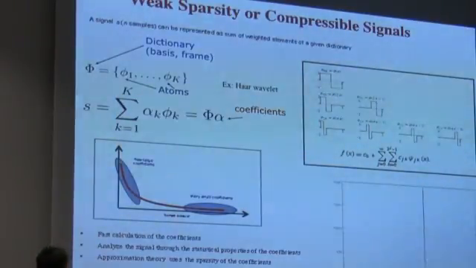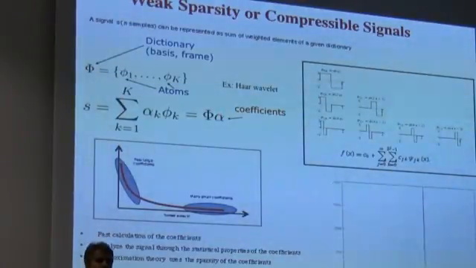Sparsity is a model for a signal. We say the signal is sparse if we can represent it in what we call a dictionary. A dictionary is a set of functions. For instance, the Fourier domain is the best-known dictionary, where each function is a sine. So the idea is to have a signal S which can be represented in a dictionary phi, and then you get some coefficients.